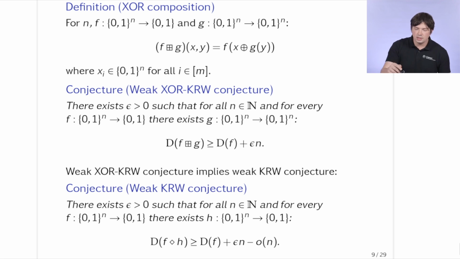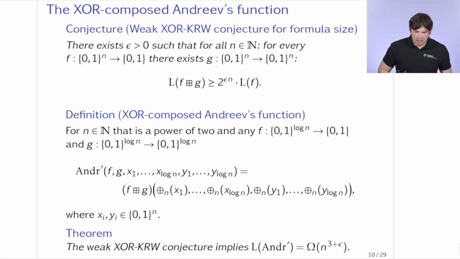And in this form of the XOR-KRW, it also implies that the traditional block composition is also hard, right? So if we just compose f with some function h in the standard sense, it will give us also a function that is harder than the original one. So, all right, why should you care?